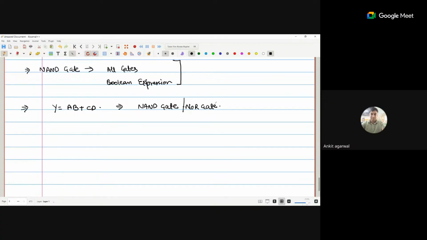If it is mentioned in the exam which gate you have to implement it with, if they say that you have to implement using the universal gate, then remember one thing: when it is SOP, better to implement with the NAND gate. And if it is POS, better to implement with the NOR.